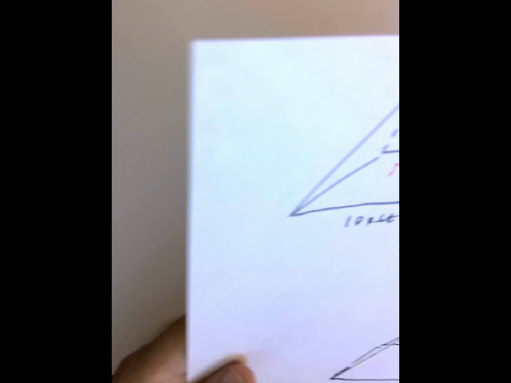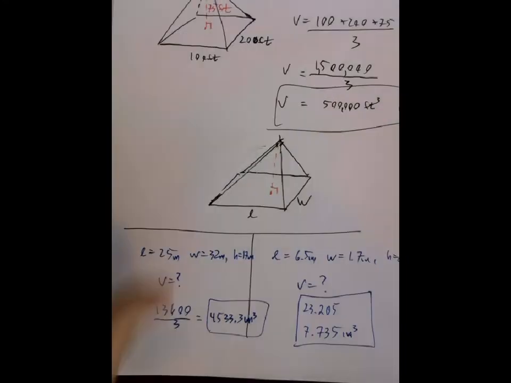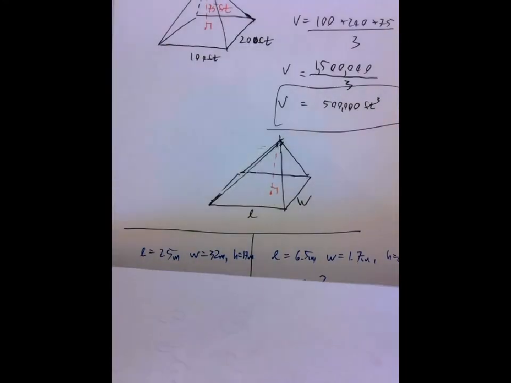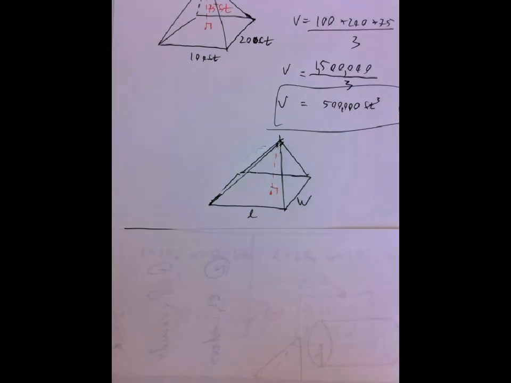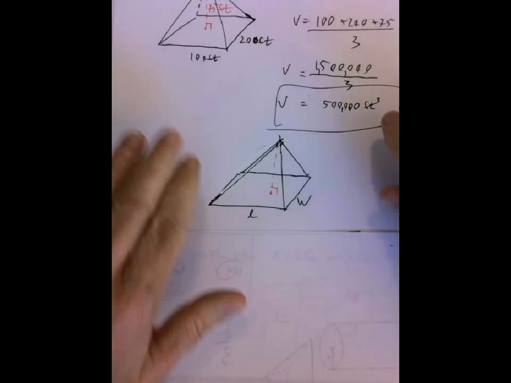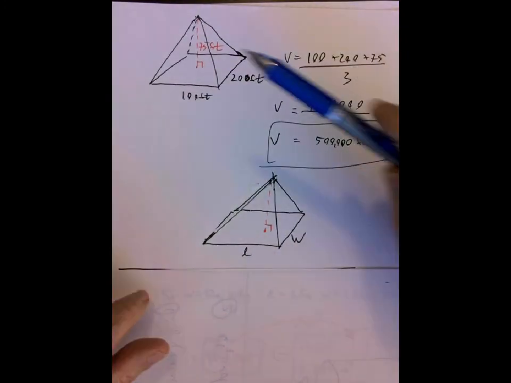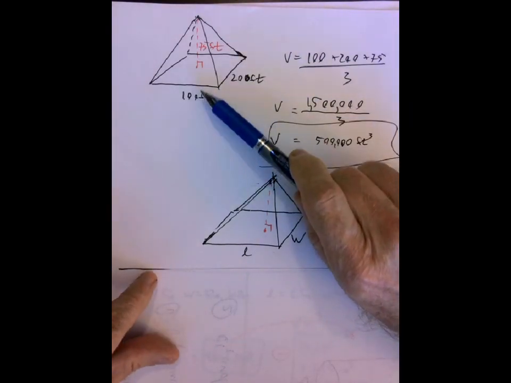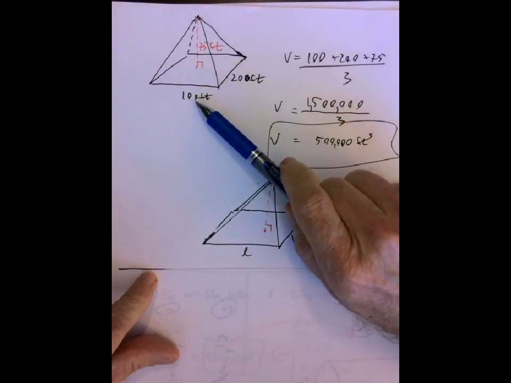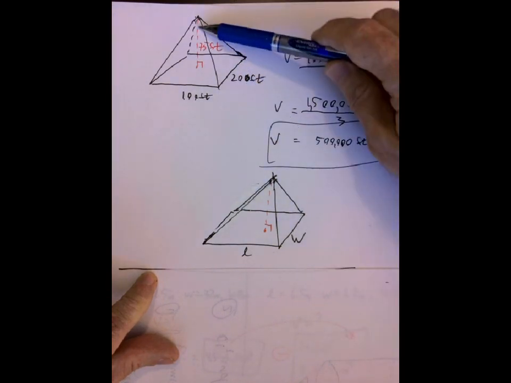All right. So now what I want you guys to do is we're going to do another couple here, just like this. Here's another pyramid, a rectangular pyramid with a base 100 times 200 and with a height of 75.